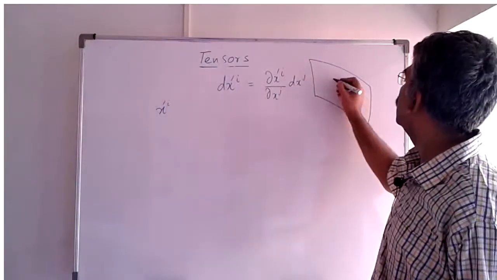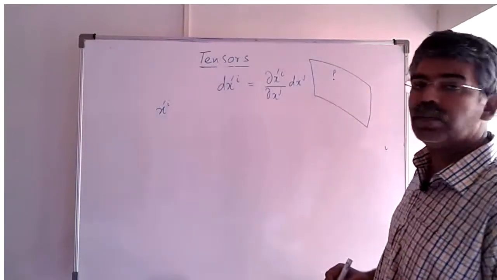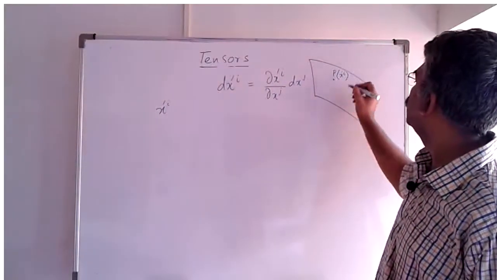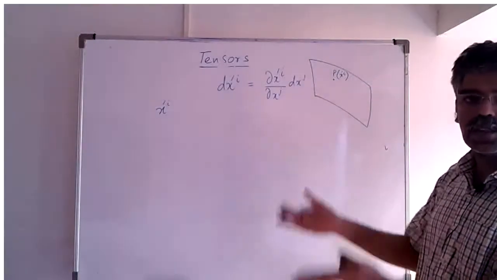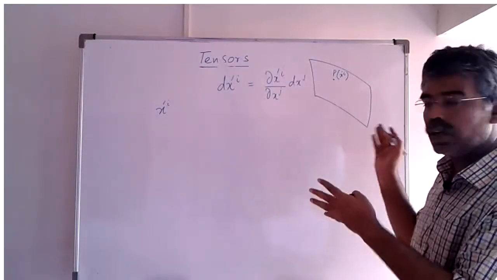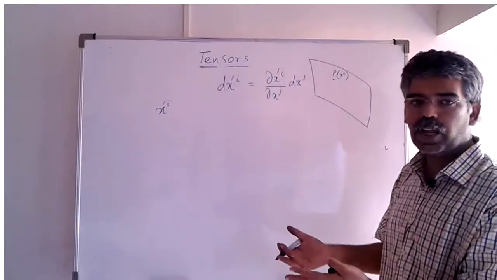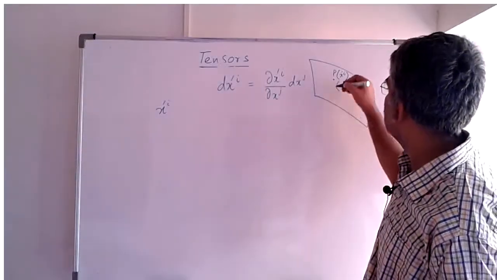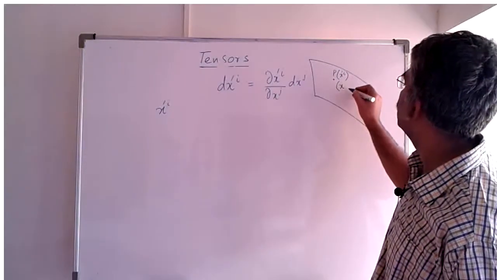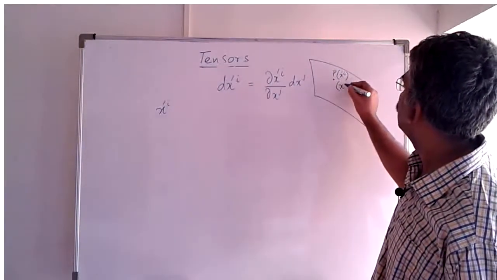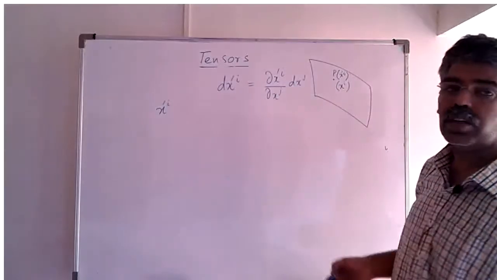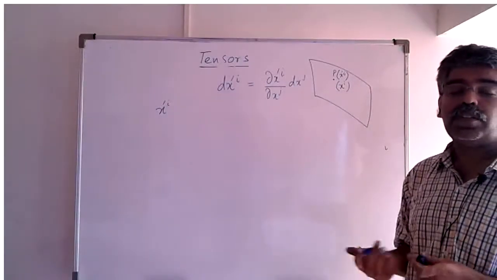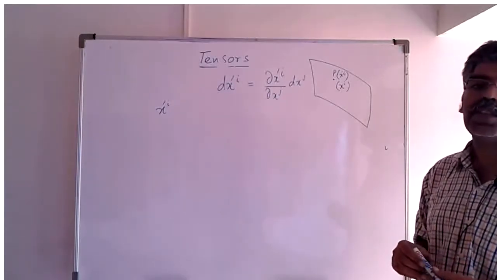Now this same physical point P is represented by x prime i, meaning x prime 1, x prime 2, x prime 3, up to x prime n, and this same physical point is represented by the unprimed coordinates. Think of that point: one is represented by xyz, the other is represented by r theta phi.